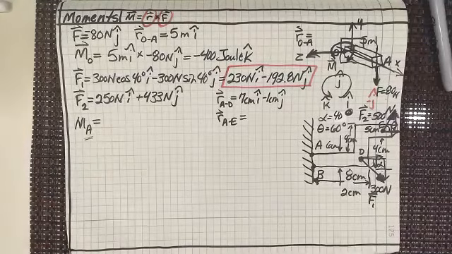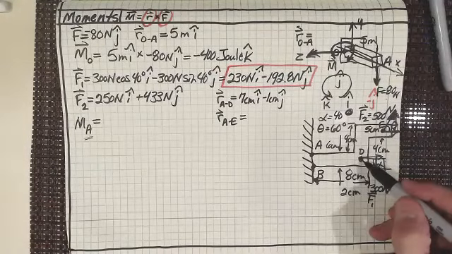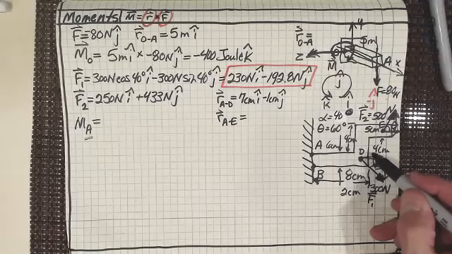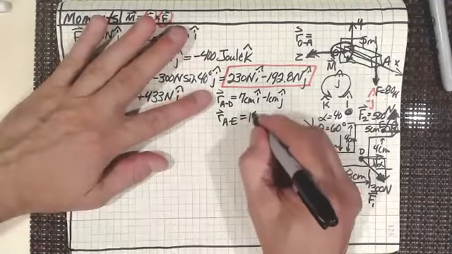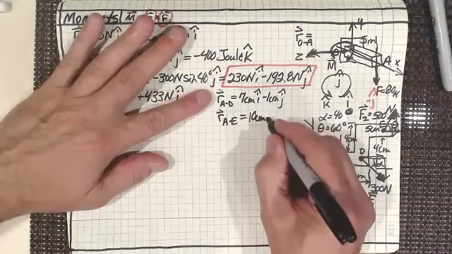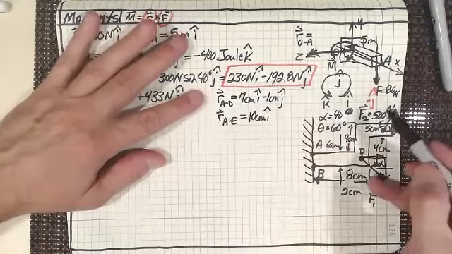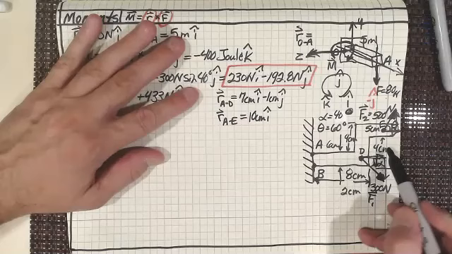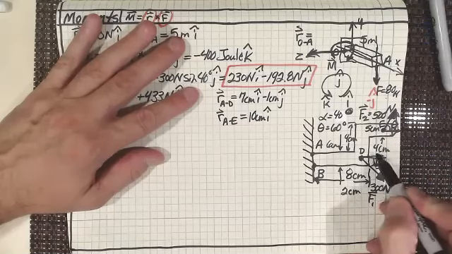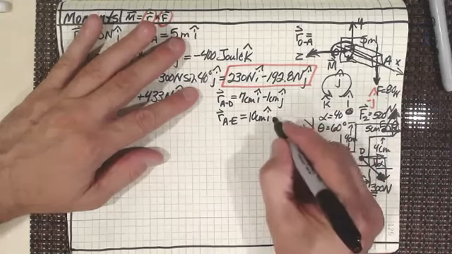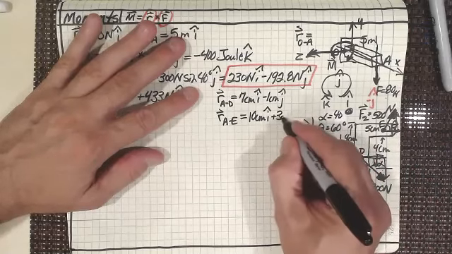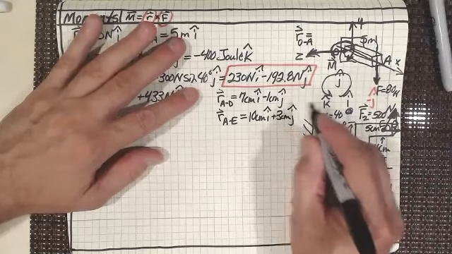Okay, so I am right. 7, 8, 9, 10. Yes, so it is 10 centimeters I hat. And then how far up from A do we go in the Y direction? 1, 2, 3. So plus 3 centimeters J hat.